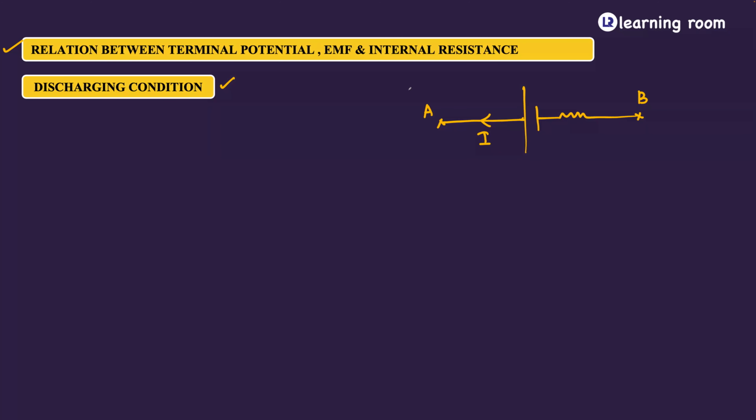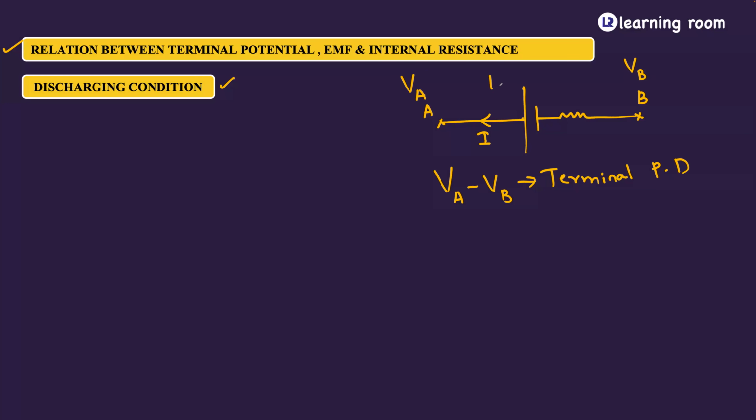So if I say the potential of point A is VA and the potential of point B is VB, then VA minus VB is what is called the terminal potential difference.